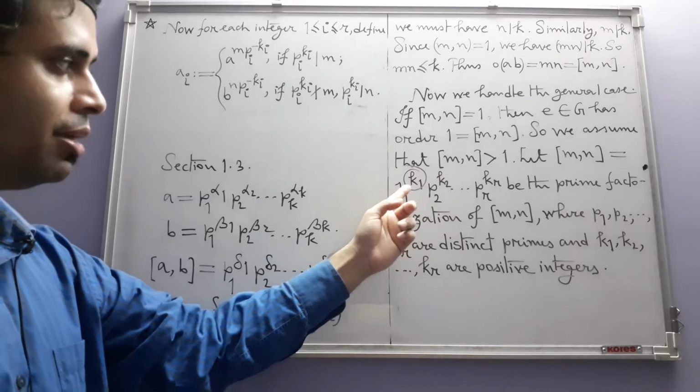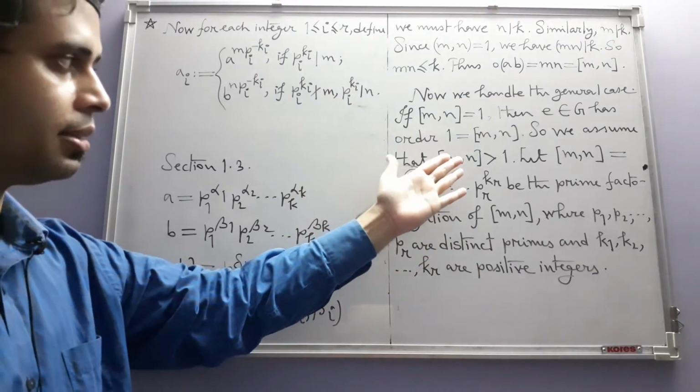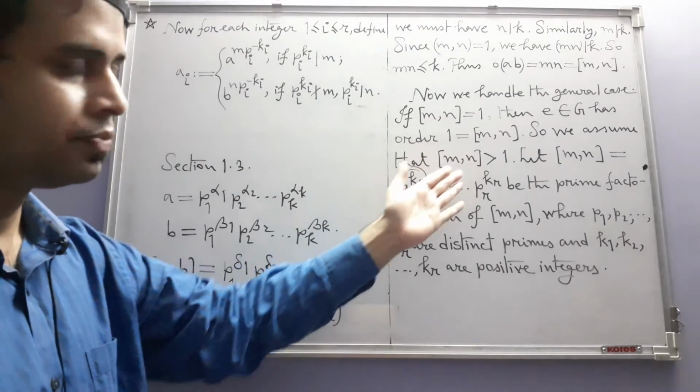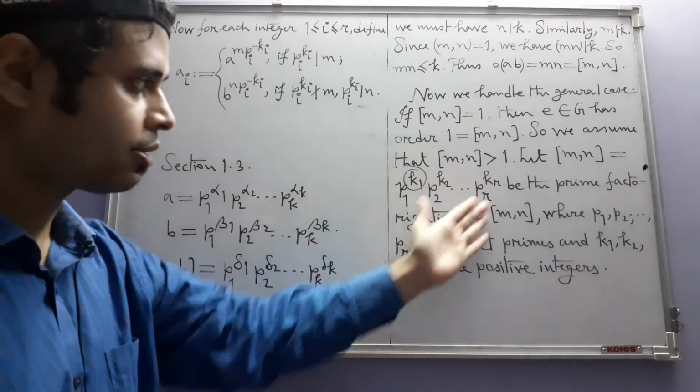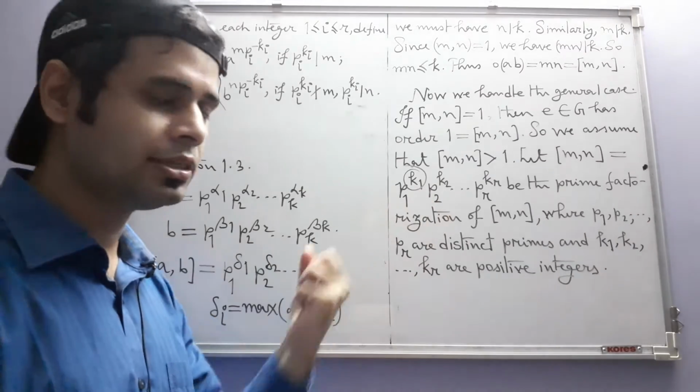If p1 does not appear in the prime factorization of either m or n, then of course it cannot appear in the LCM, because the LCM is the least common multiple.